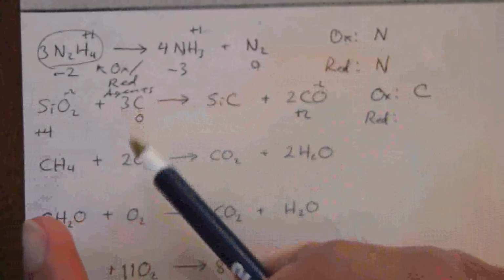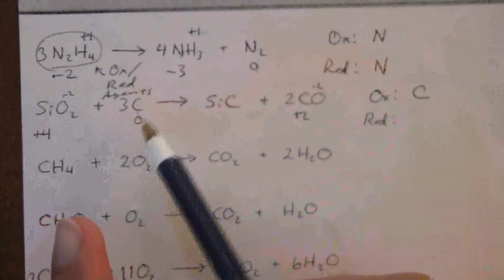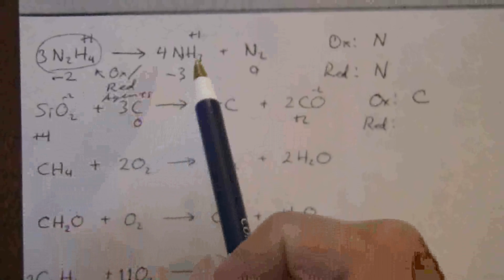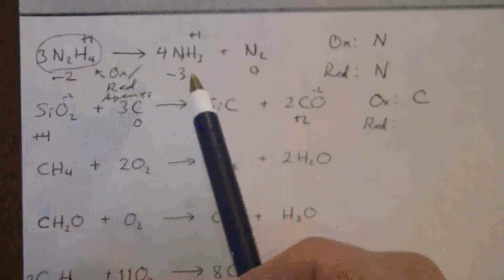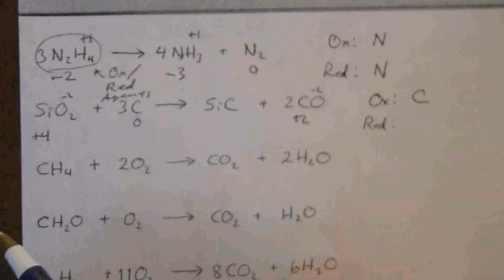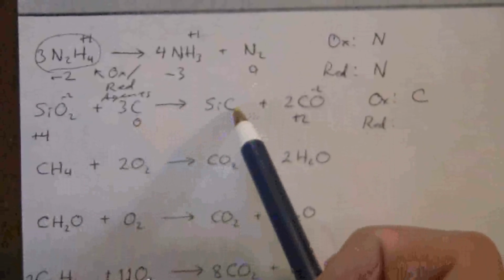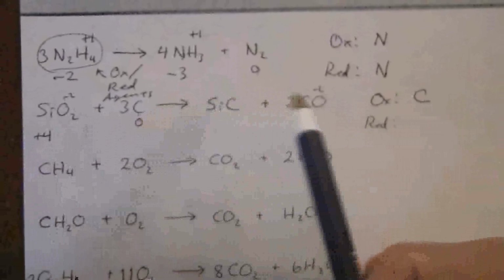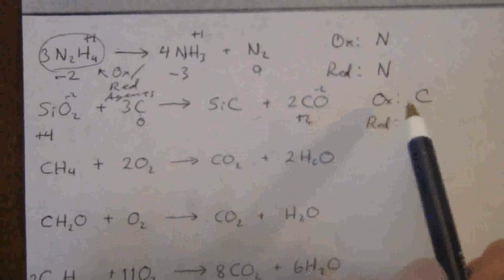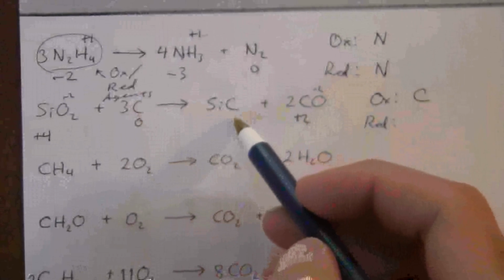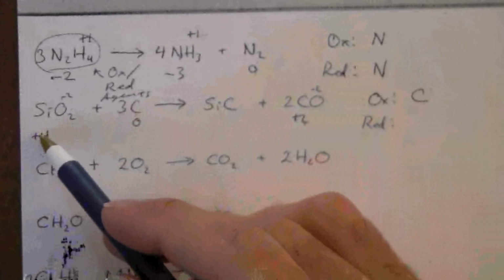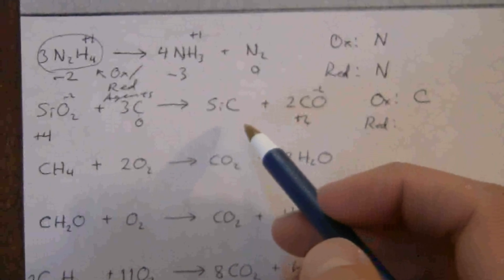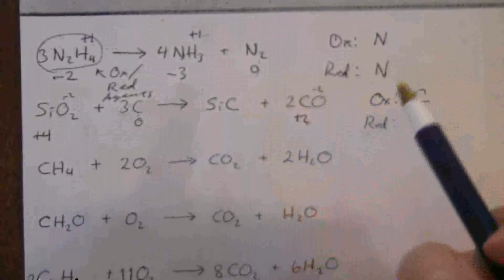But it's not necessarily the case, because in fact I think we can see that it is not, because carbon, just like in this example, the same element can be reduced as well as oxidized, okay? And here we have carbon in this compound as well as over here, so it's going from 0 to positive 2, it's being oxidized, 0 to, well, if the silicon stayed at positive 4, this would be going 0 to negative 4, right?